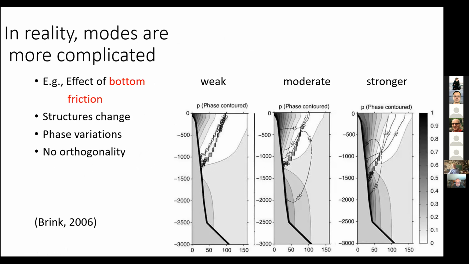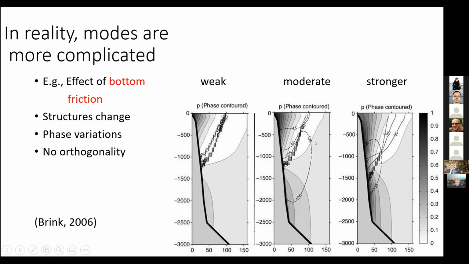The theory, of course, gets more complicated as you become more realistic. I include this as an example of what happens when you include bottom friction. With weaker than realistic bottom friction, you basically get everything is either zero phase or 180, with the phase contours here passing through the area with the lowest amplitude.